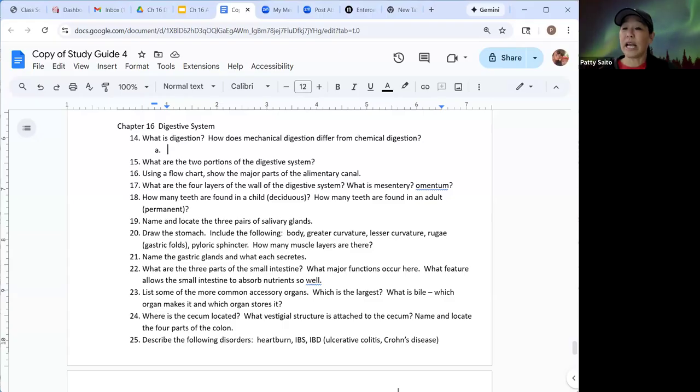All right, so to digest something is to actually break it down. And we can do that in several ways. So let's talk about first just plain old digestion. It's the breakdown of food, and we can do it mechanically or we can do it chemically.